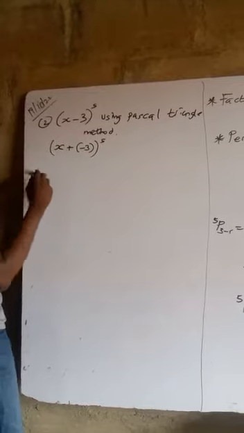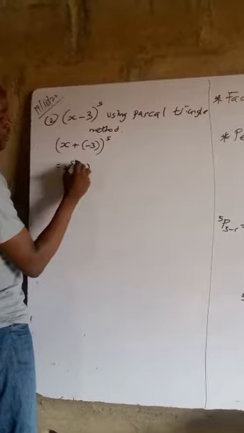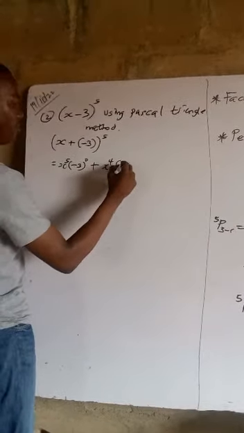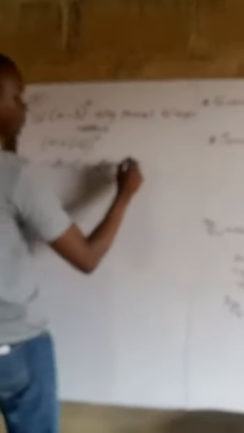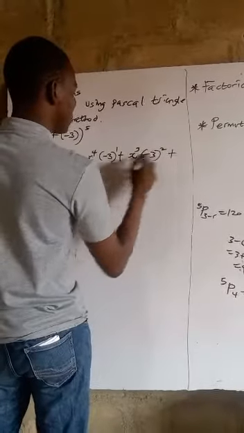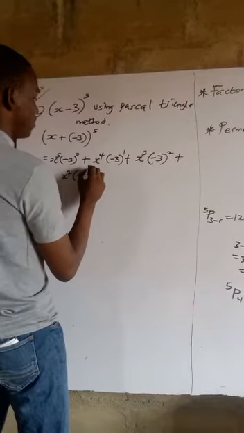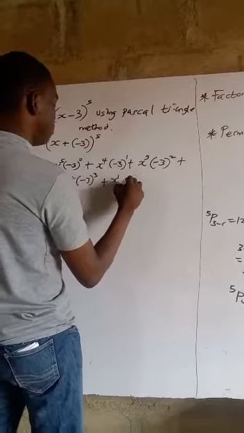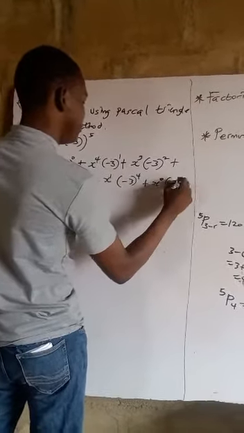So for here, this one will reduce, that's x raised to power 5 minus 3 raised to power 0 plus x raised to power 4 minus 3 raised to power 1, one is reducing, it is increasing, plus x raised to power 3 minus 3 raised to power 2 plus x raised to power 2 minus 3 raised to power 3 plus x raised to power 1 minus 3 raised to power 4 plus x raised to power 0 minus 3 raised to power 5.